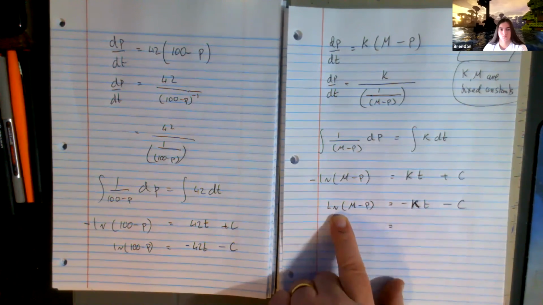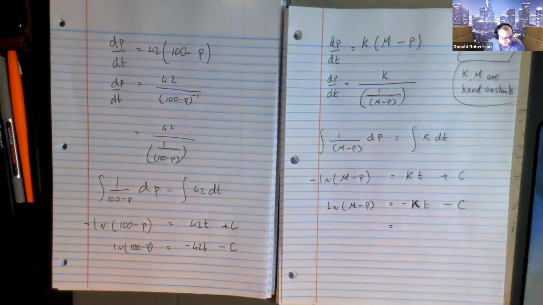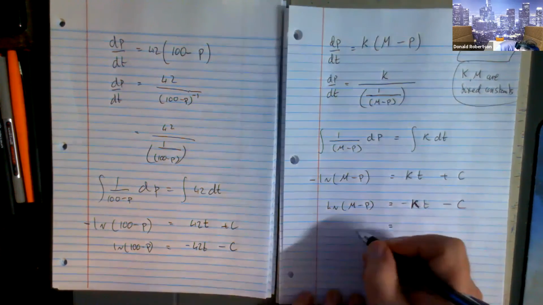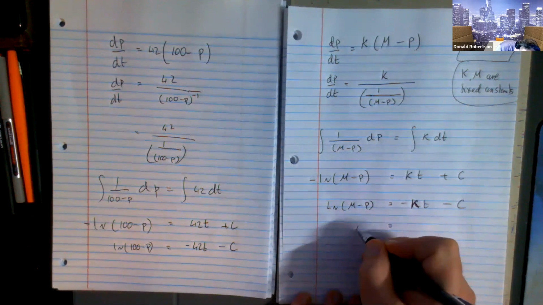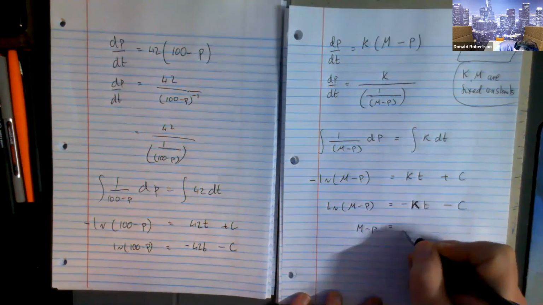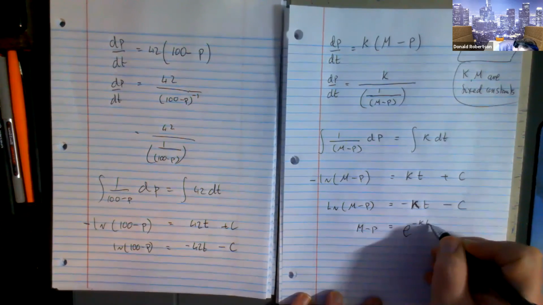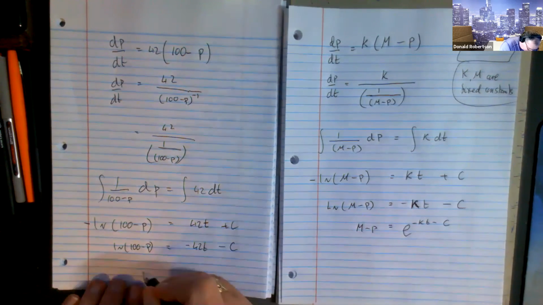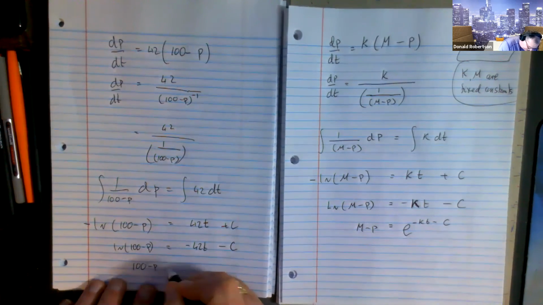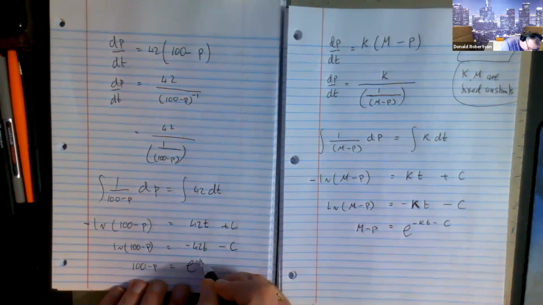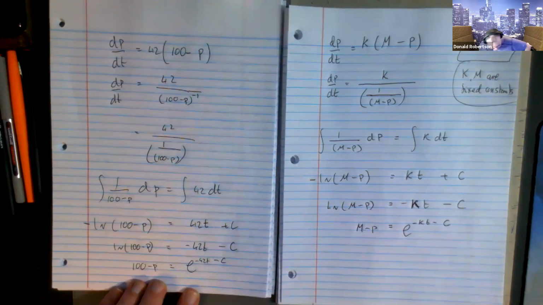Euler's number. E to both sides. So E to this side gets you M minus P. E to this guy. So over here it would be 1 minus P is E to the -42 minus C.